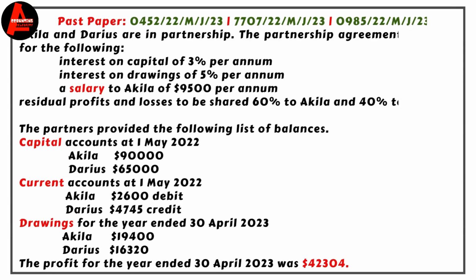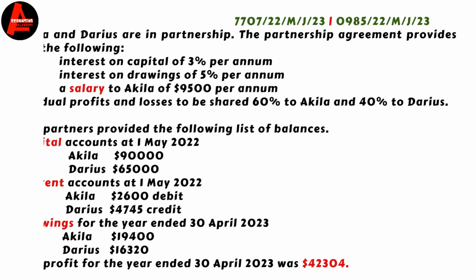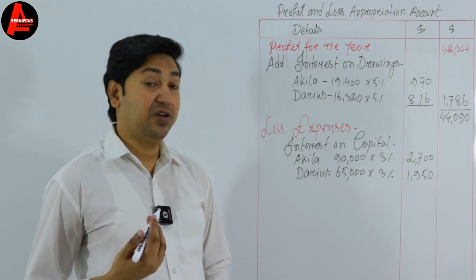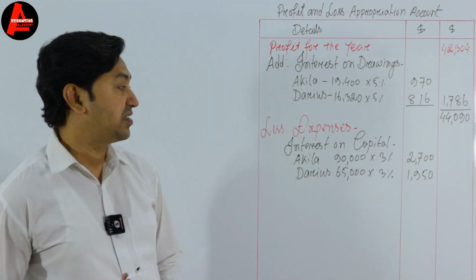Now in the question we have a salary to Aquila of $9,500 per annum. This is the amount the partnership business has to pay, and Aquila will receive this salary.